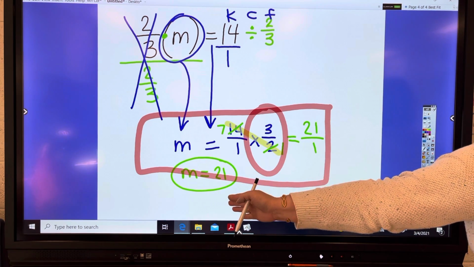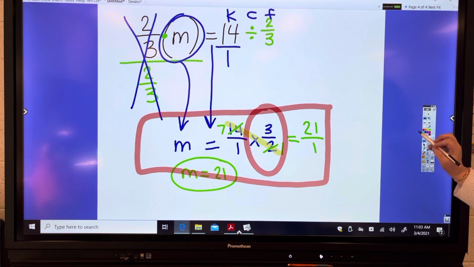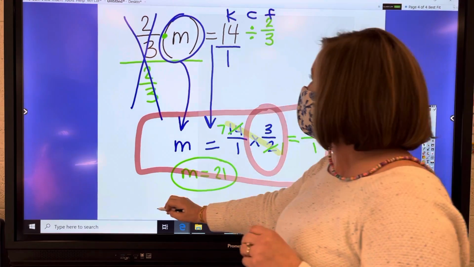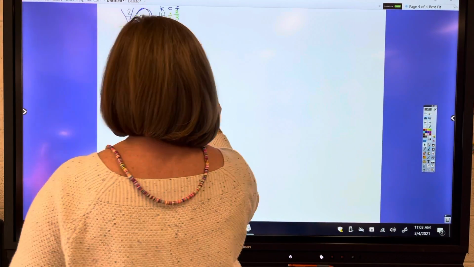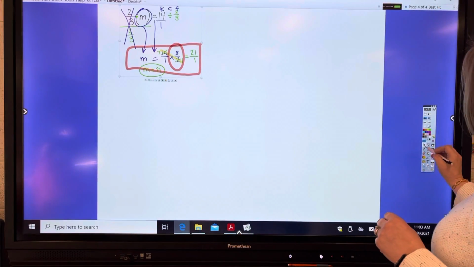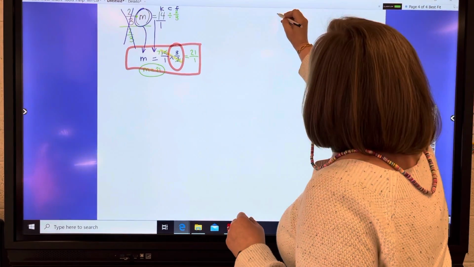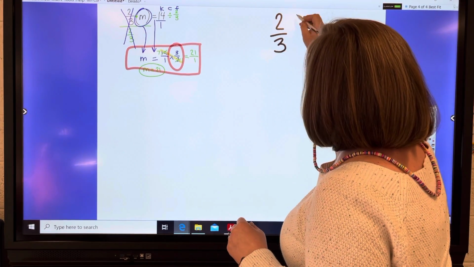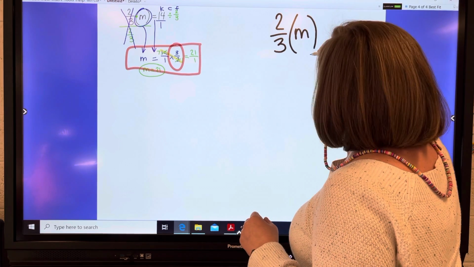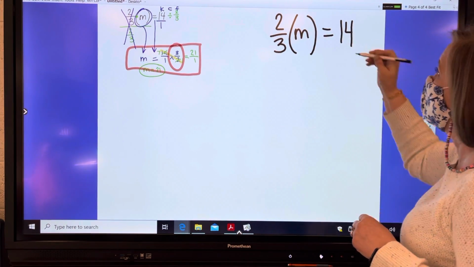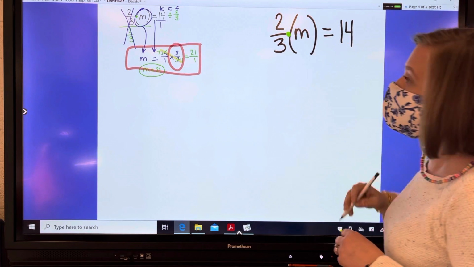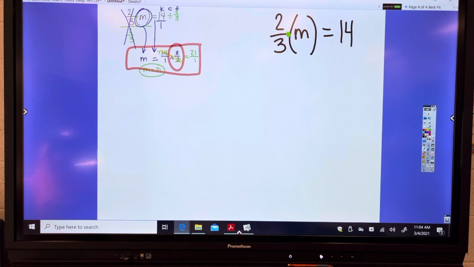Does everybody see this? So I'm going to make all of this smaller because I want you to see that what I'm about to do is exactly what we just did. So we have 2/3 m equals 14. And y'all told me that this is multiplication, so I've got to get rid of that multiplication.